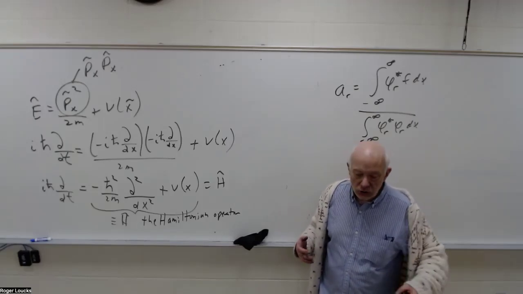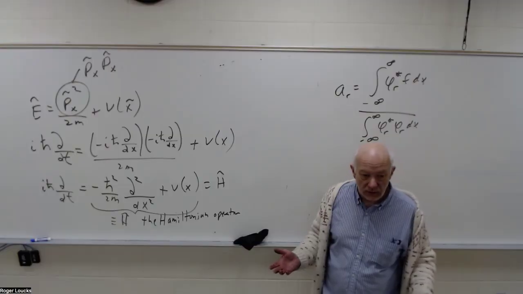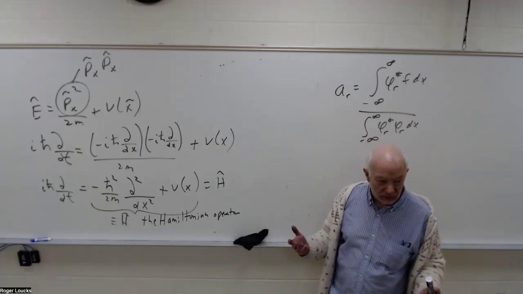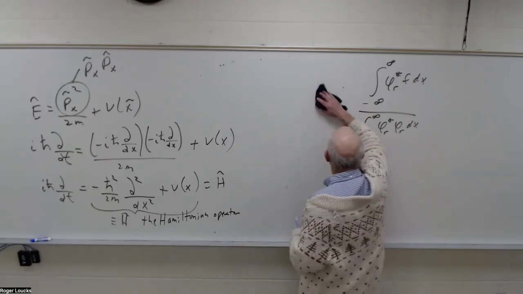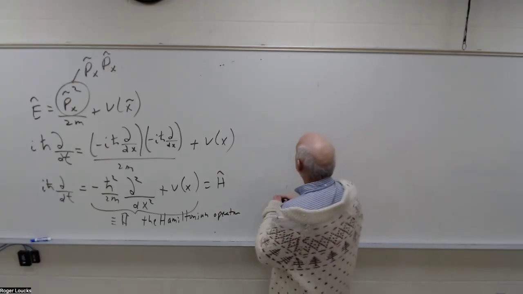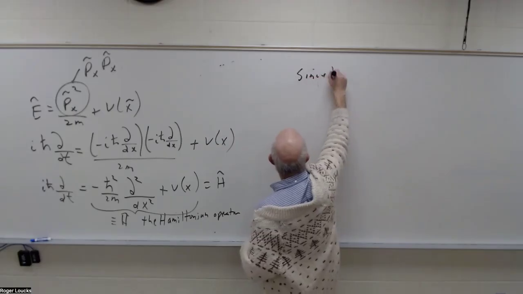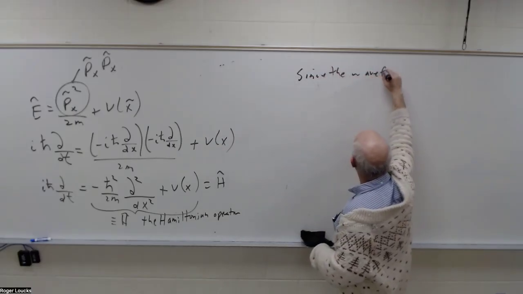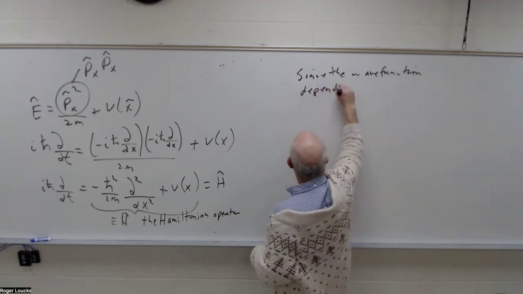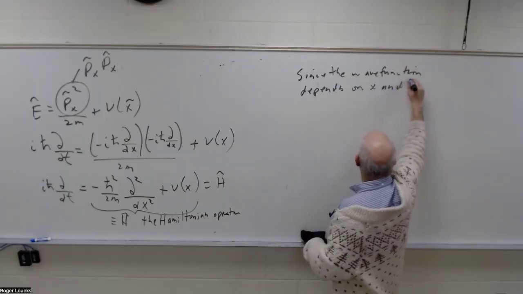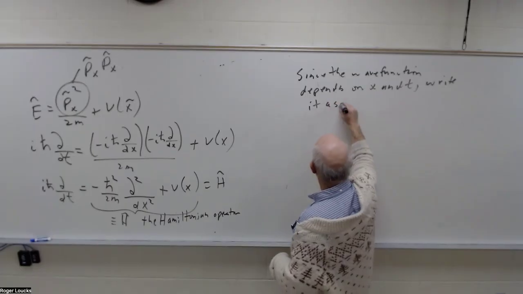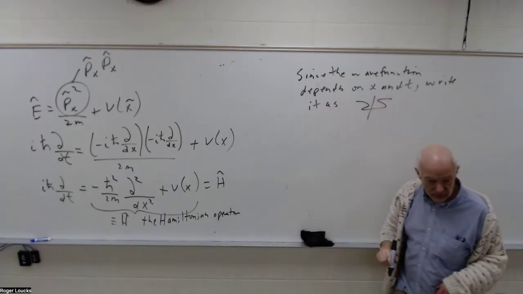I'm going to write my wave function a little differently from how I've been writing it, because later on I'm going to have a standard wave function. I'm going to write this wave function as a fancy psi, actually a capital psi, since the wave function depends on x and t.